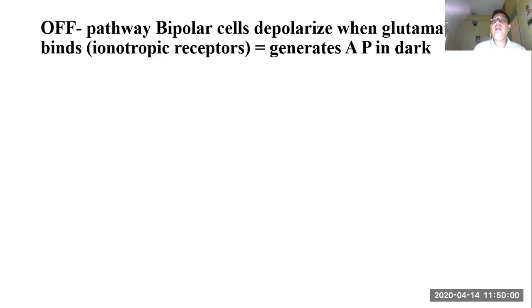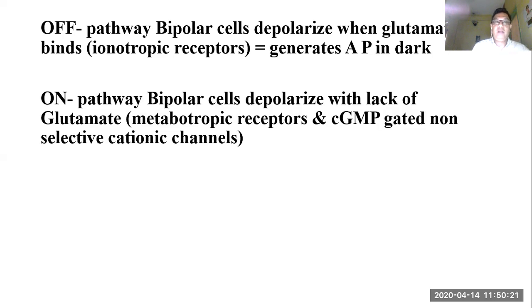So during the presence of light in their respective photoreceptor, the off bipolar cell will not generate AP. But when light is turned off, they will generate AP. The reverse is the case in the on pathway bipolar cell. The on pathway bipolar cell depolarizes with lack of glutamate. So when do you have lack of glutamate? When the photoreceptor perceives light.